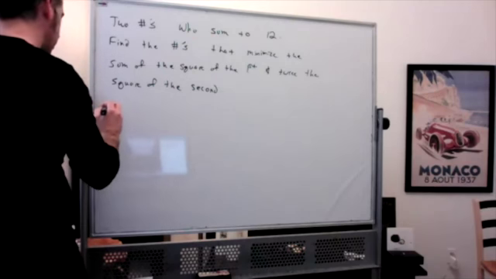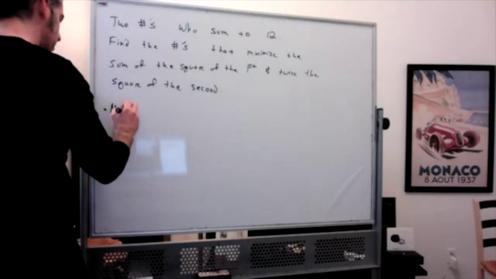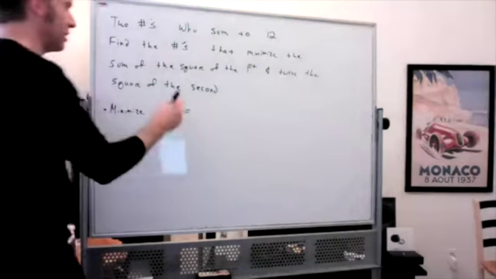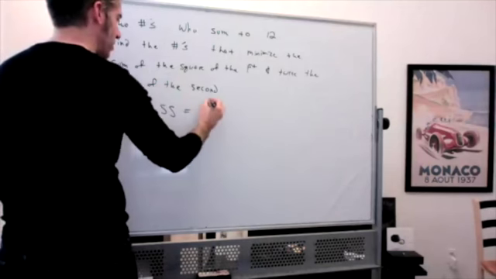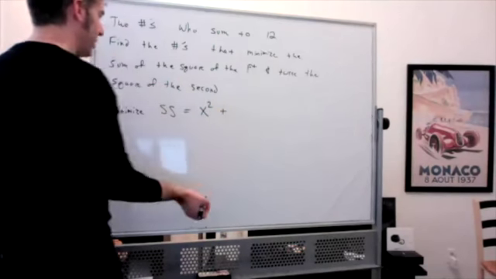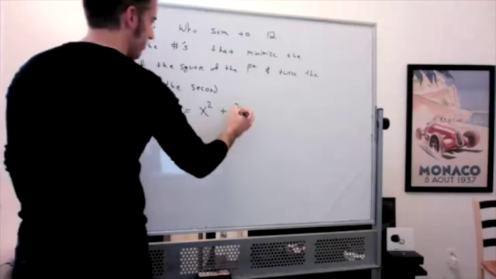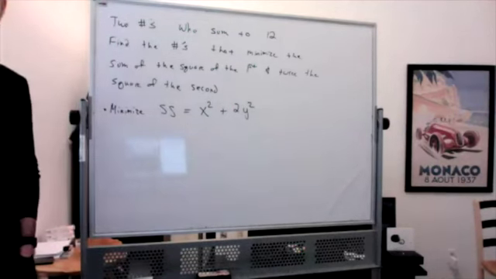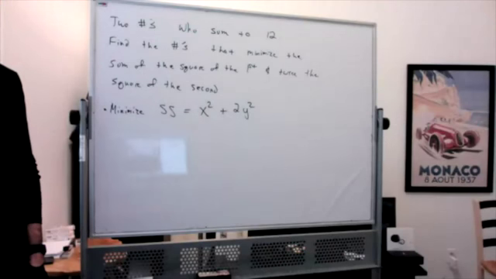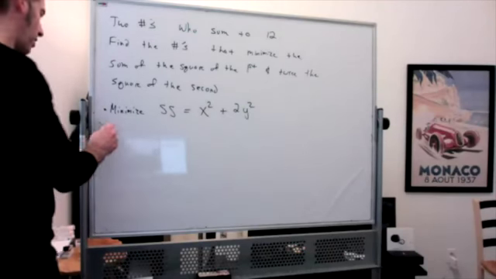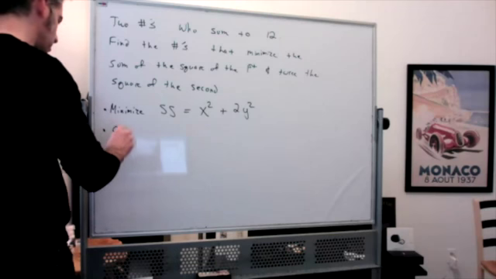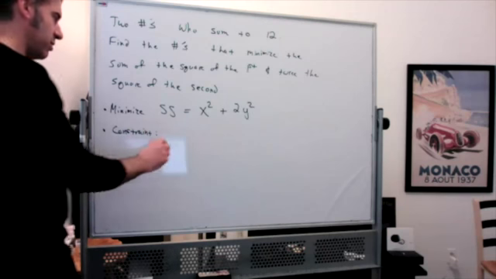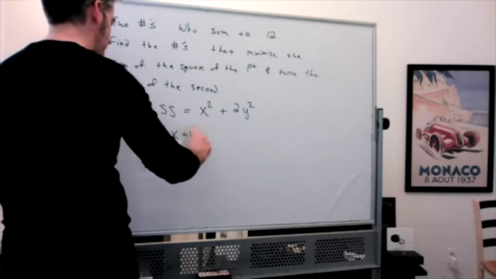So we're trying to minimize the sum of the squares, which is the square of the first number plus twice the square of the second. That's x squared plus 2y squared. And here our constraint is that x plus y has to equal 12.